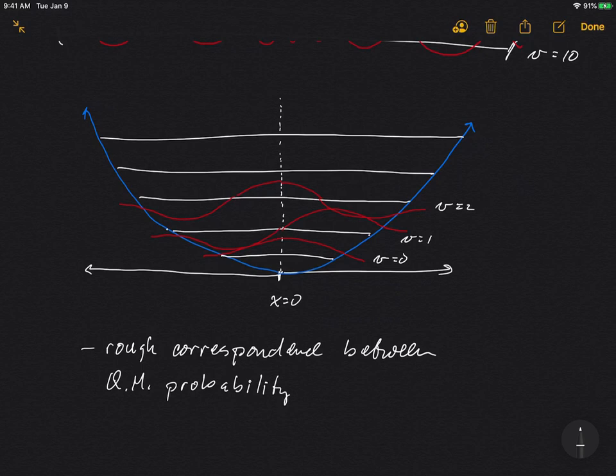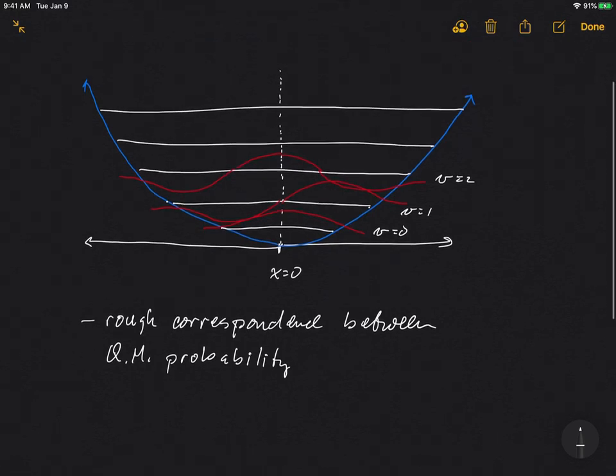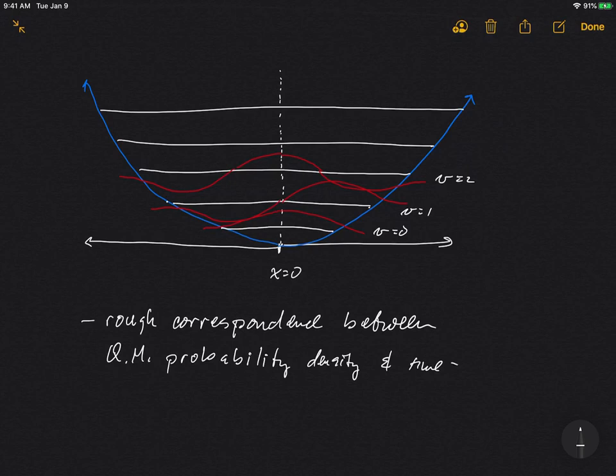So I sometimes say probability density and wave functions somewhat synonymously. They're closely related. They're not exactly the same thing. Once you have one, you can get the other. So there's a rough correspondence between the quantum mechanical probability density and time averaged behavior of the classical particle.